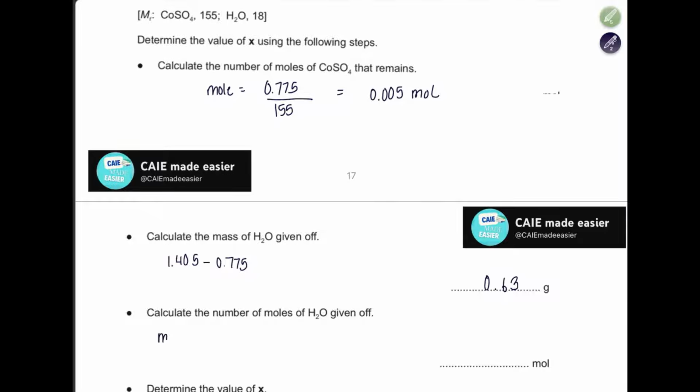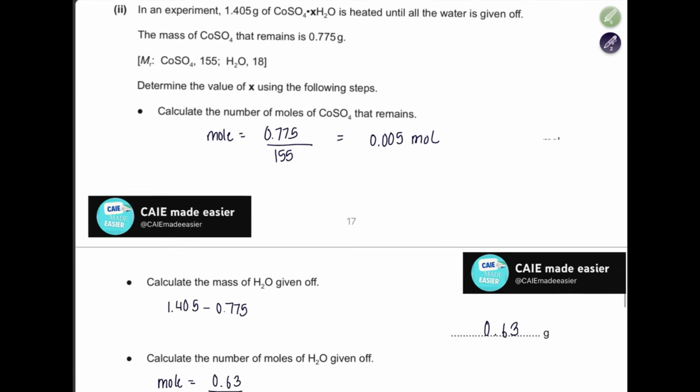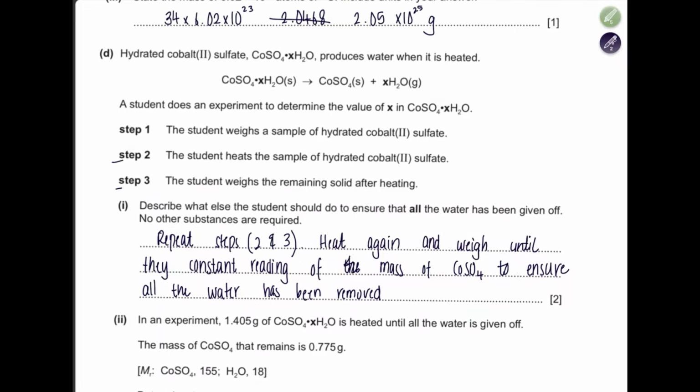Next, calculate the moles of water given off. So moles is going to be mass divided by MR. 0.63 divided by 18, which gives us 0.035 moles. Now determine the value of X. Alright, so we have the moles, this is the equation. We have the moles of cobalt sulfate, we have the moles of water.